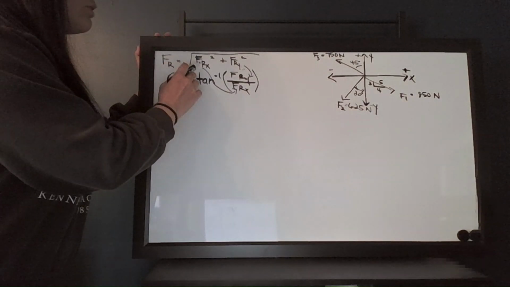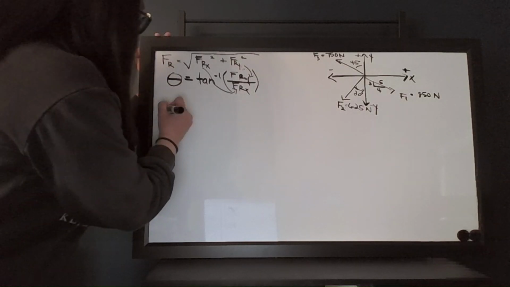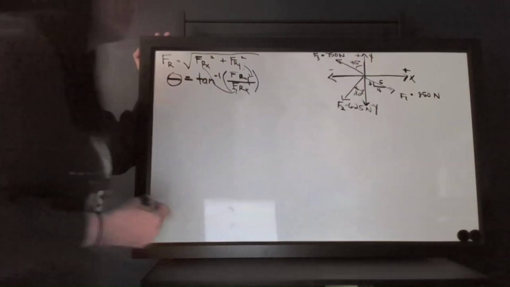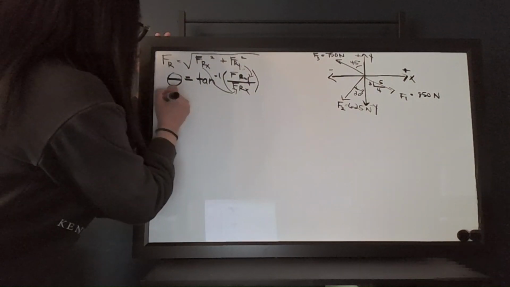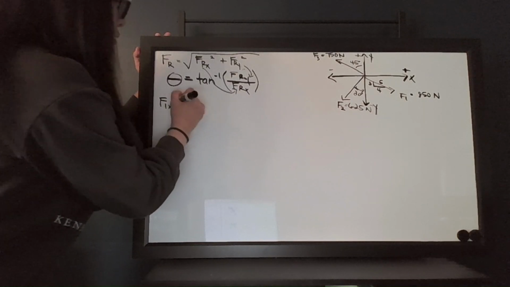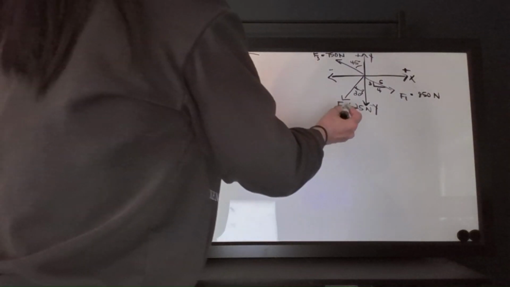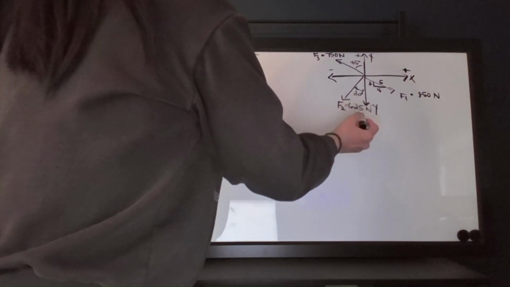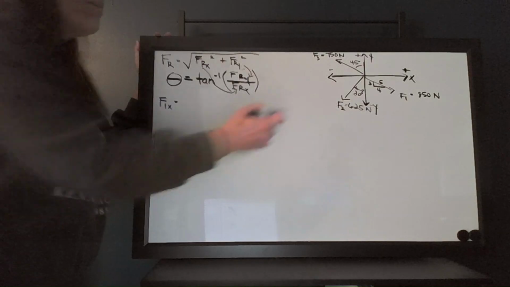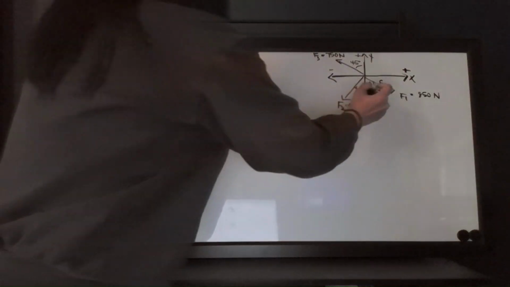Okay, so now we've got our equations and our free body diagram, and the next thing I would like to do is solve for the resultant force in the x direction first. What I like to do is break these forces into their x and y components. So let's start off with F1x. Typically the forces are multiplied by cosine or sine of that angle, but we have this triangle here.